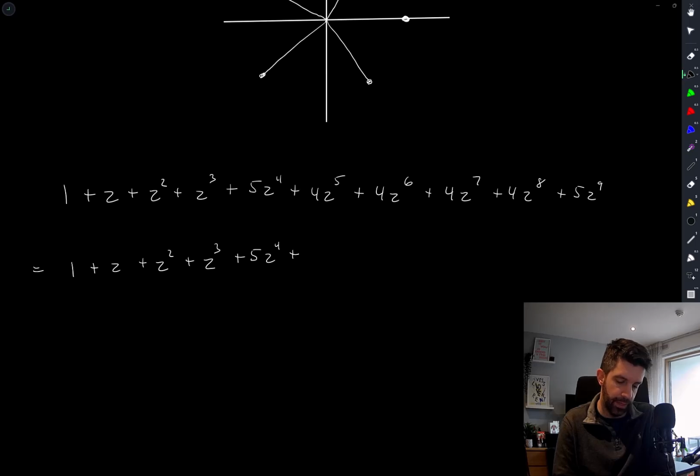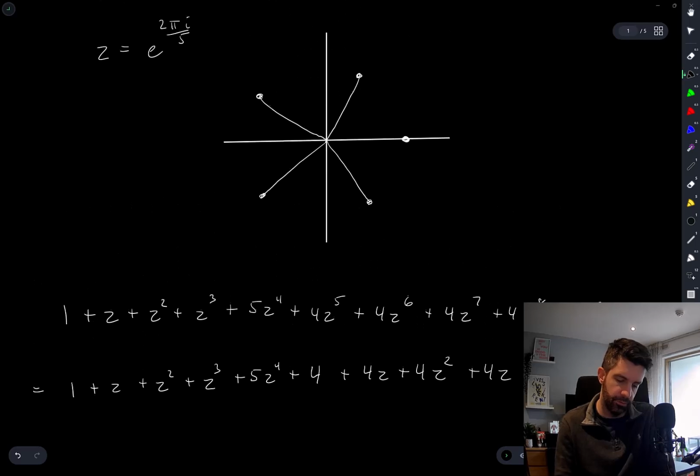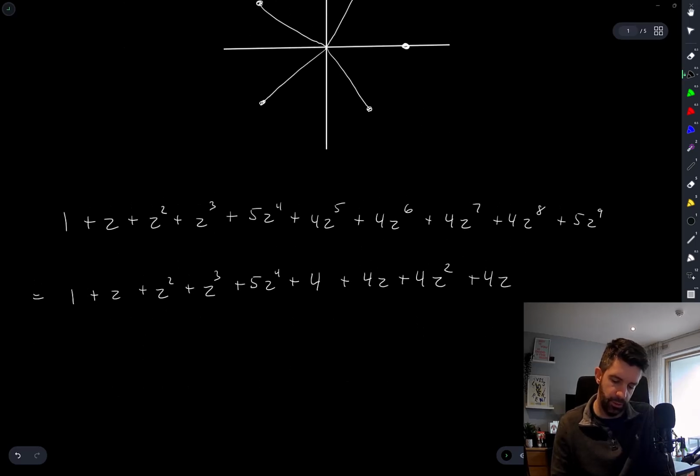So z to the 5 is 1, so that's a 4. z to the 6 is z. z to the 7 is z squared. z to the 8 is z cubed. z to the 9 is z to the 4, so 5z to the 4.